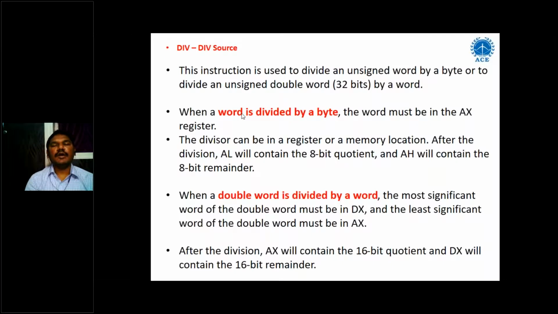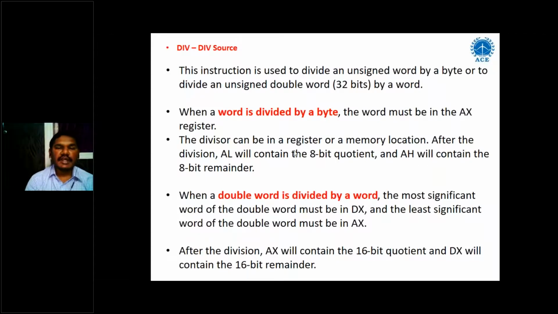If you are dividing byte by byte, or 16 by 16, or 32 by 16, then a remainder and a quotient will be generated. If it is a double word by word or word by word, then the remainder and quotient will be stored in the DX and AX registers. Whereas if it is byte by byte, the remainder and quotient are stored in the AX register, because AX has both AL and AH.